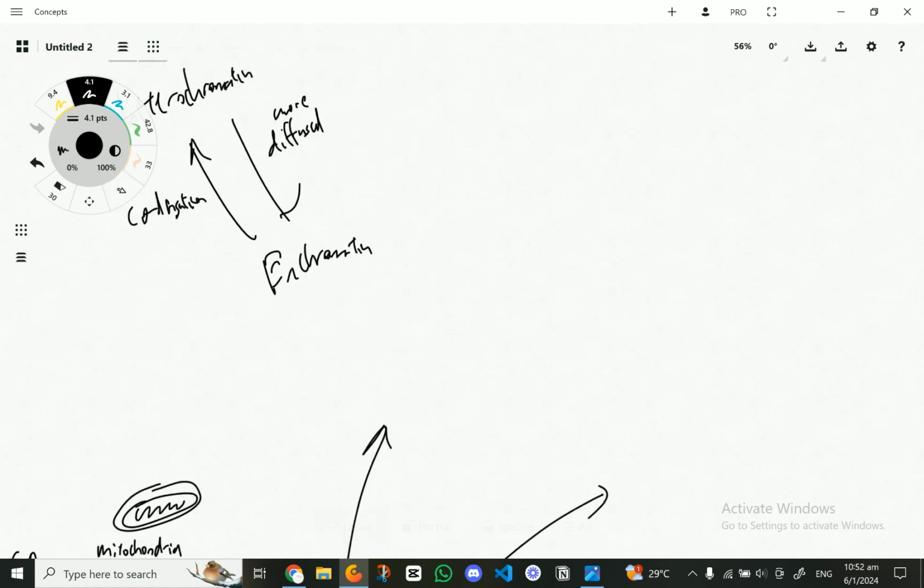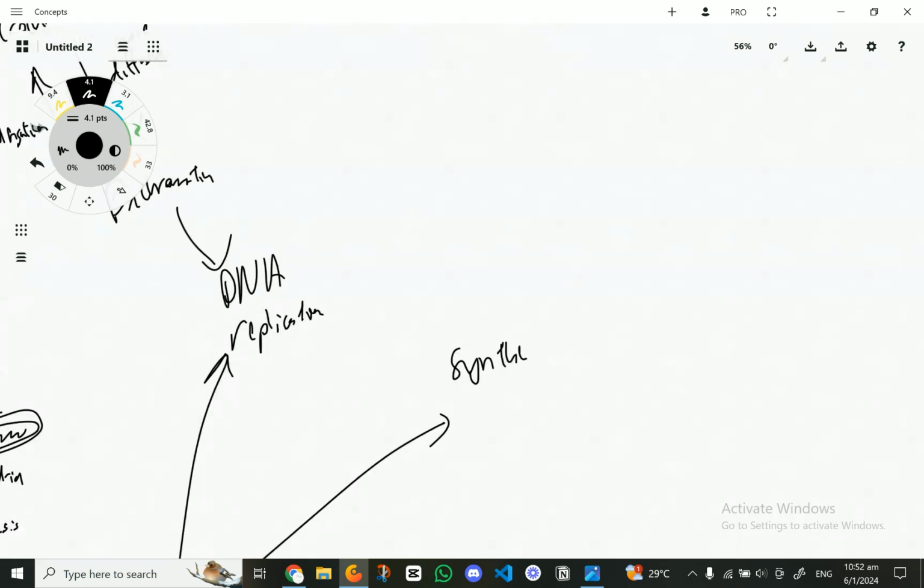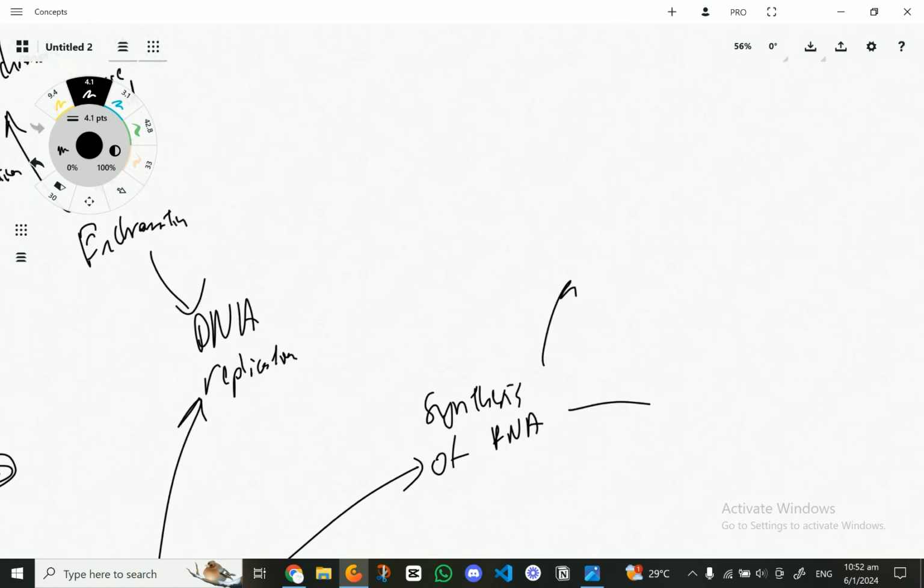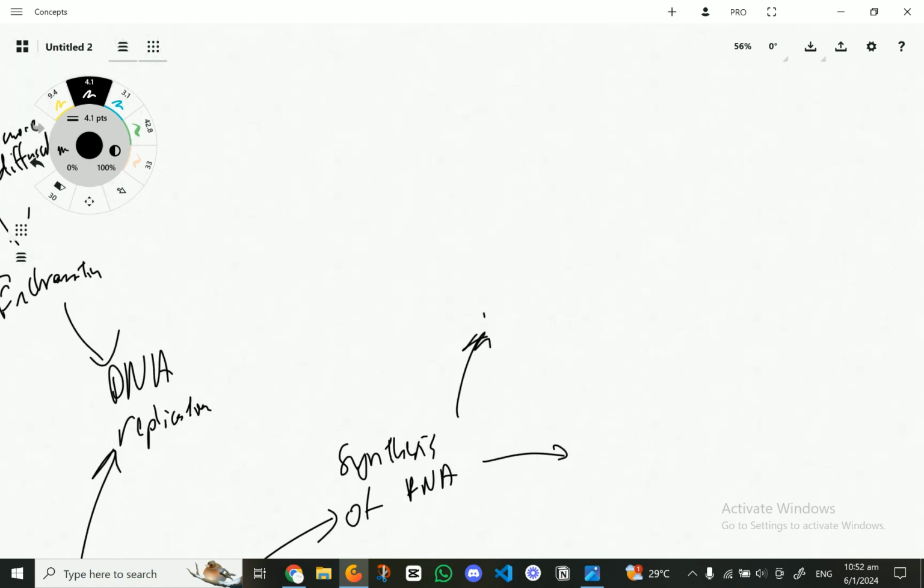And this is used for DNA replication, synthesis, or... I rechunked it already. I gave up.